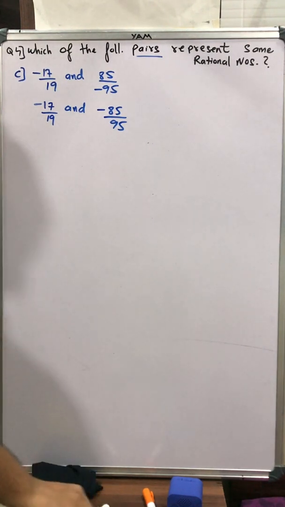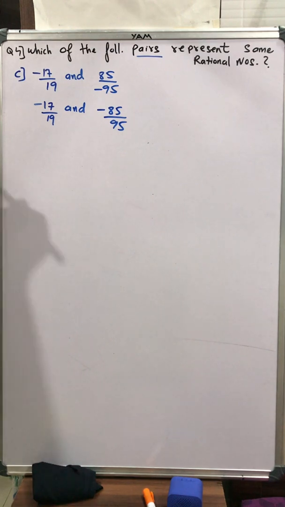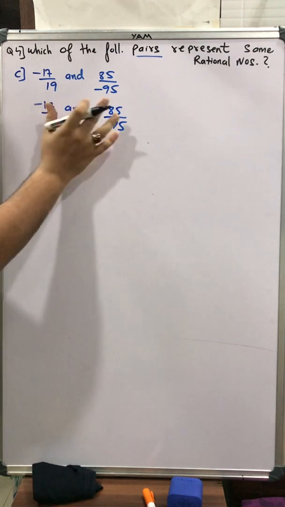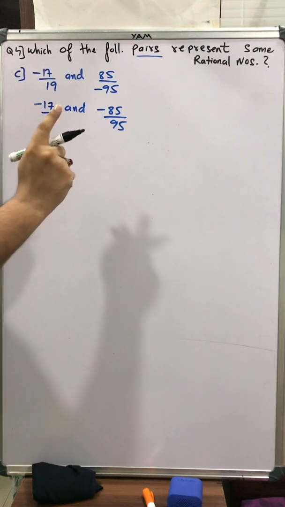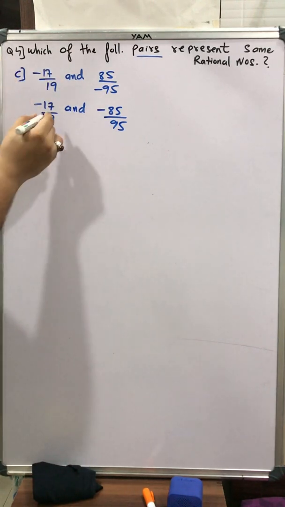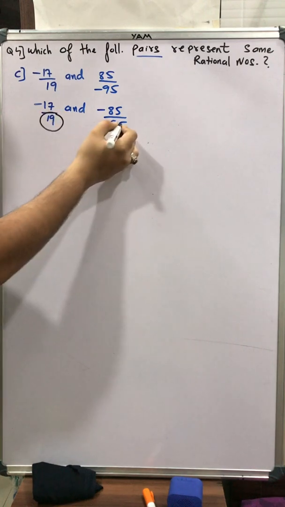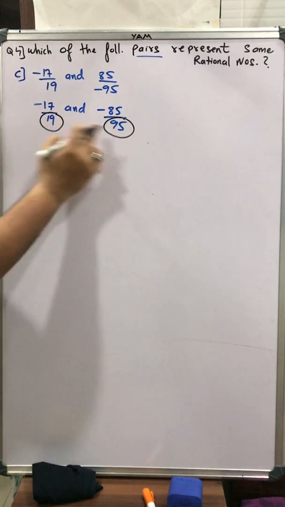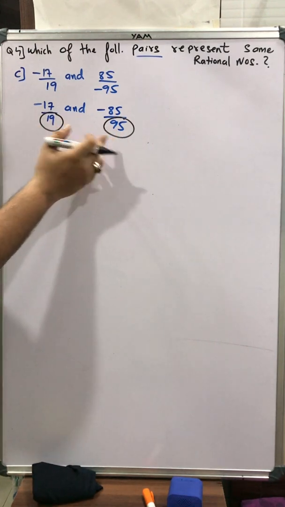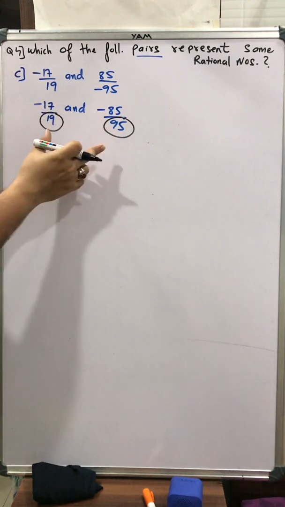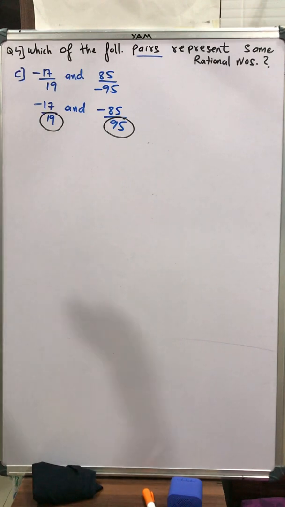Now students, if you closely observe, whenever we have fractions, the first step in every question is to see the denominators, or rather to make the denominators equal, because if denominators are equal, then only we can make any decision about the numerators.